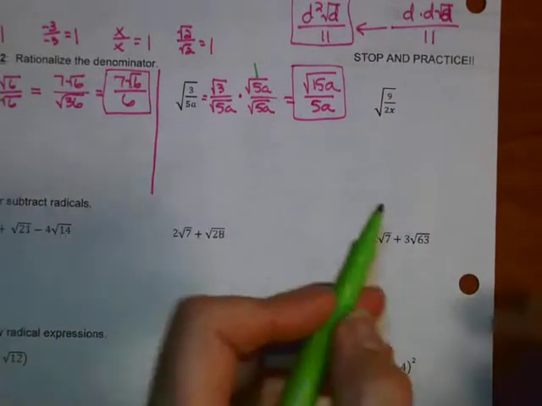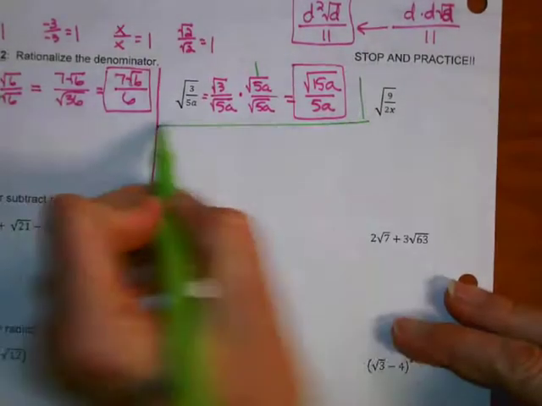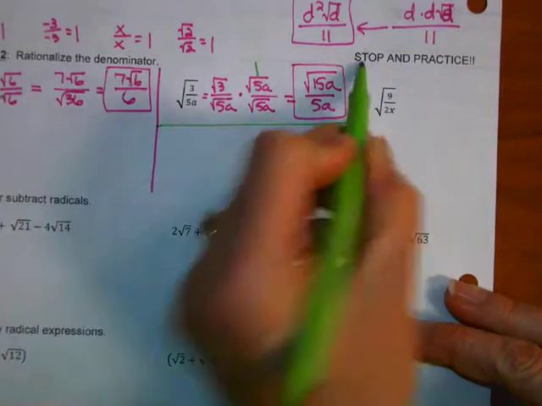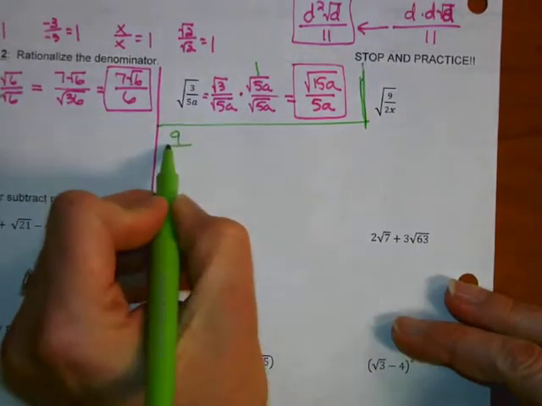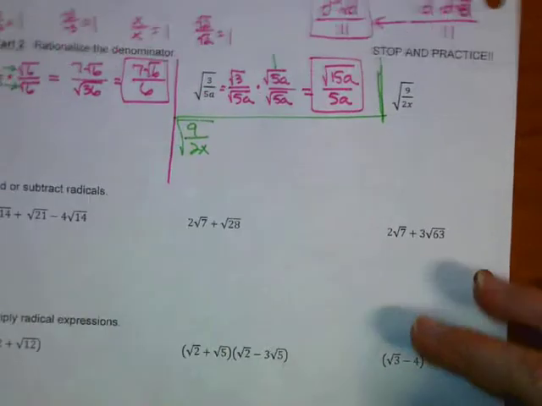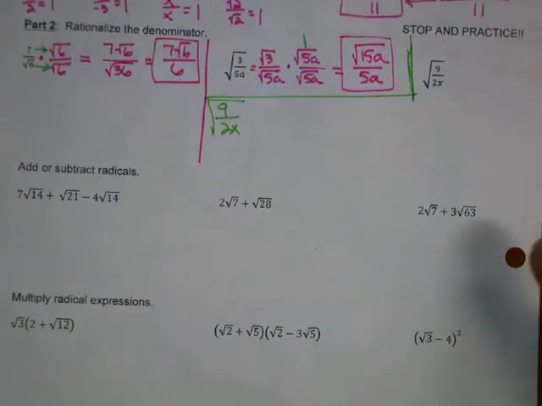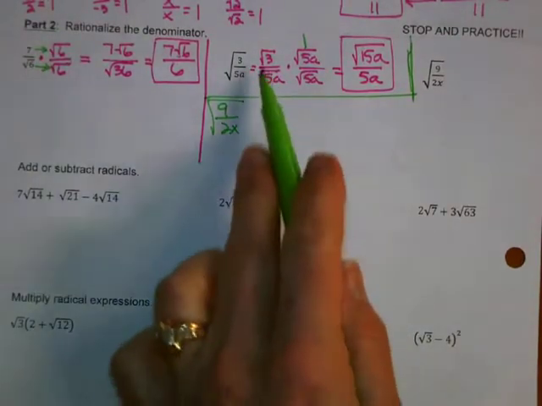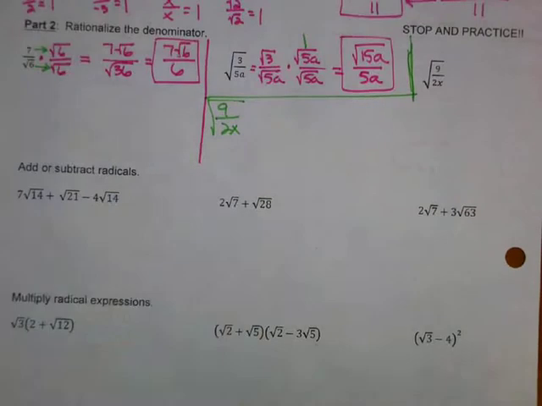Okay, this one is a little bit longer, so I'm going to bring it down here. 9 over the square root of 2x. I'm going to start down here. What's the first step you should do? What did I do up here? I split it apart.